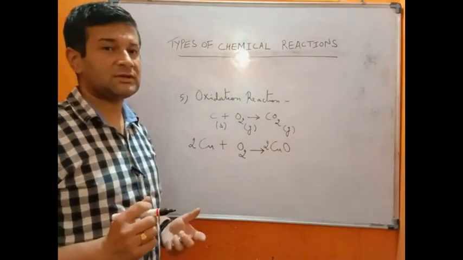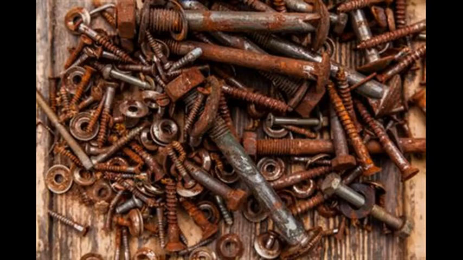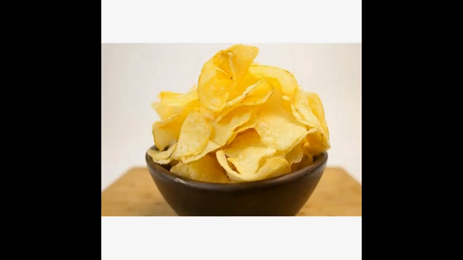So this is a type of oxidation reaction. Corrosion in metals is due to oxidation, for example, rusting of iron. Rancidity is due to oxidation of food containing oils and fats, as a result of which the taste and smell of the food changes.